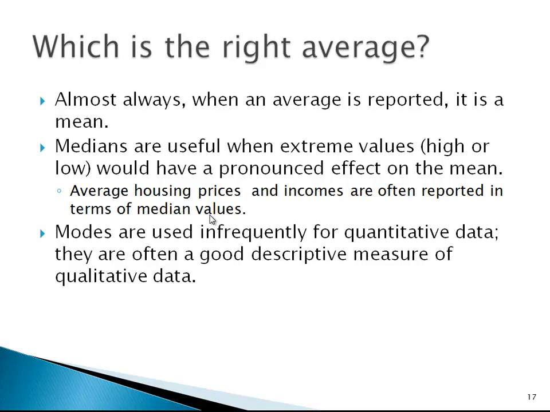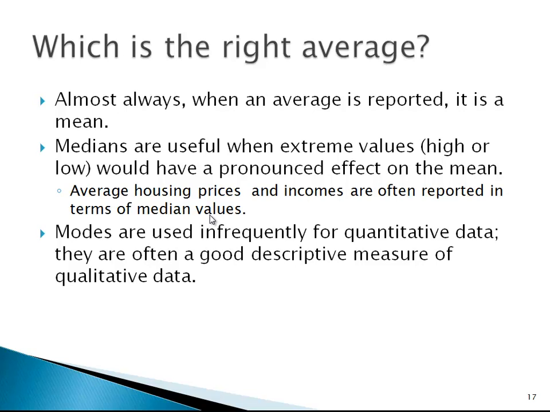Which is the right average? Like I said before, usually we take the arithmetic mean as the average. The median is useful when extreme values, high or low, would have a pronounced effect on the mean.